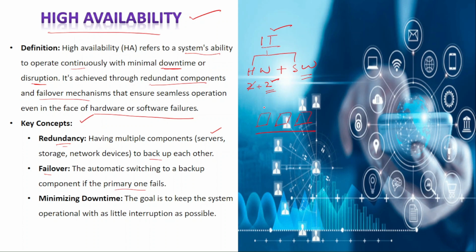It means that if one of them fails, all the services of the user are shifted to the remaining 2. And minimizing downtime, of course: the main purpose behind availability is to minimize unplanned downtime. The goal is to keep the system operational with as little interruption as possible.